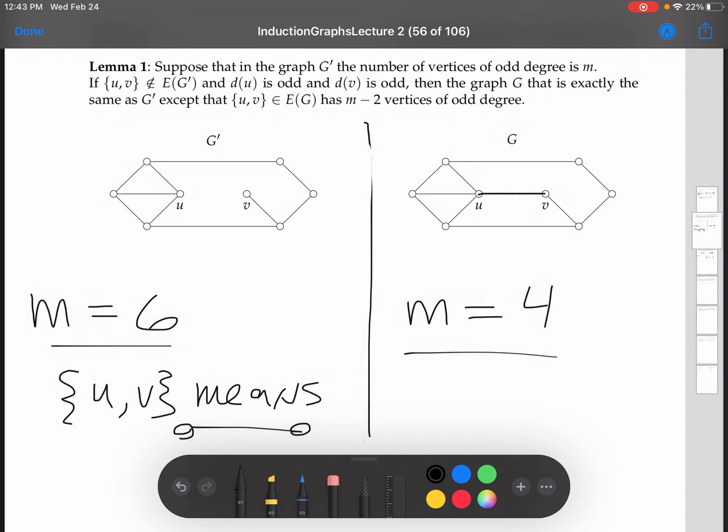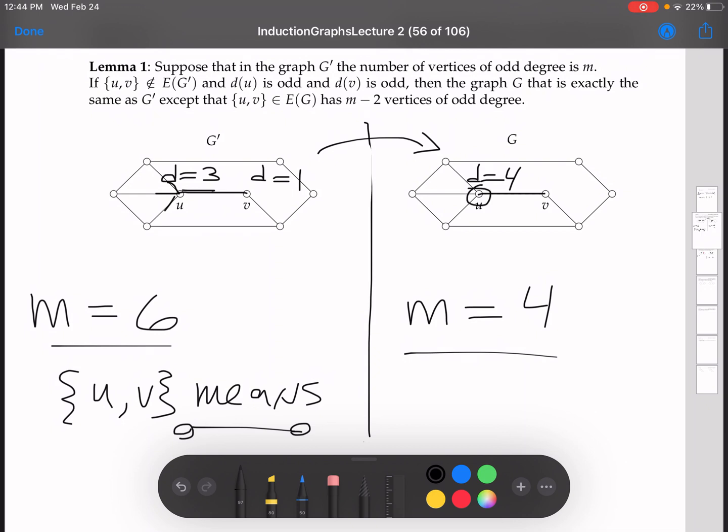Why is that? So notice over here the degree was 3 and the degree was 1. If we add an edge between them, taking us over to G, now we have 1, 2, 3, 4. So that goes up to 4. So it's no longer a vertex of odd degree. So the number of vertices of odd degree goes down by 1 for this one.